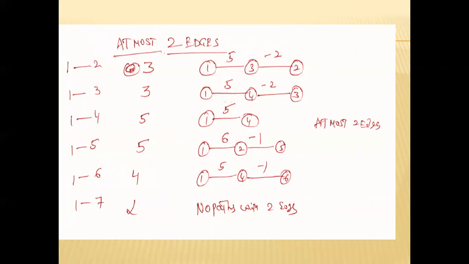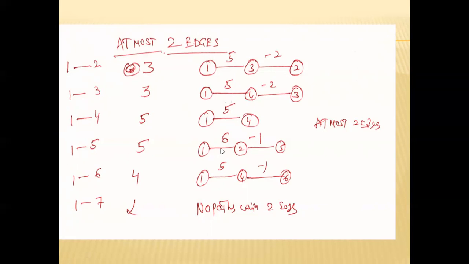So we consider the shortest path by using a single edge. At most 2 means maximum 2, not minimum 2: 1 is the minimum, 2 is the maximum. At most means maximum 2 edges. Suppose there is no path existing by using 2 edges, we just consider the shortest path by using a single edge.